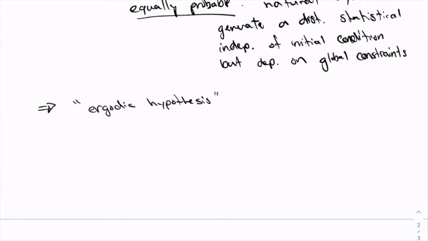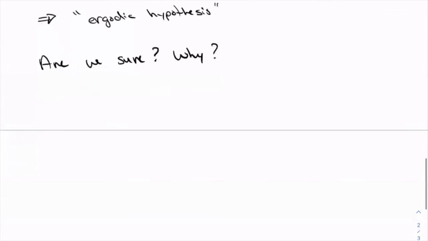So we are resting our hat on this hypothesis, this assertion. We should certainly ask, are we sure? Does this really work? And if so, why should we expect this to be true? In fact, it should seem really surprising.